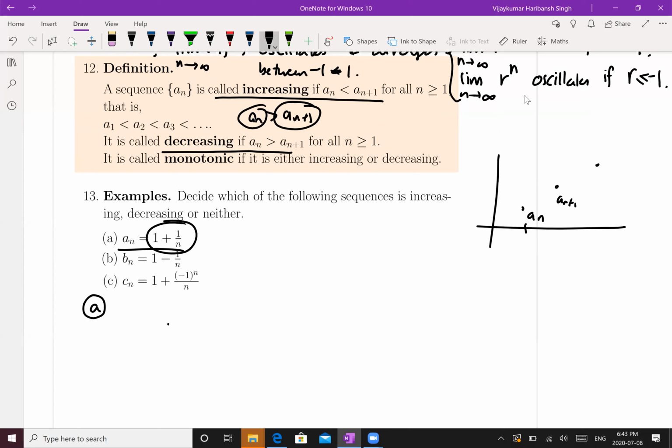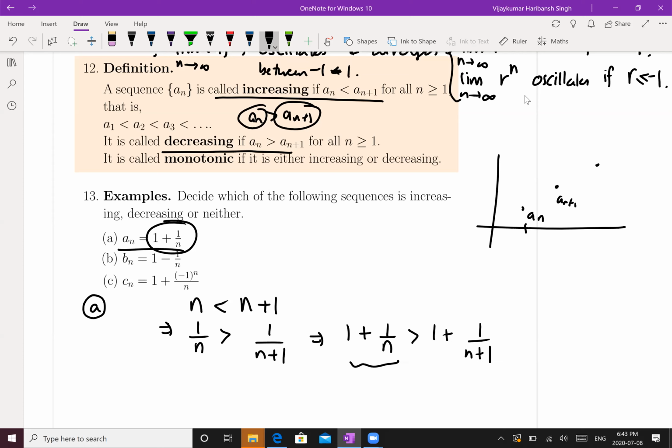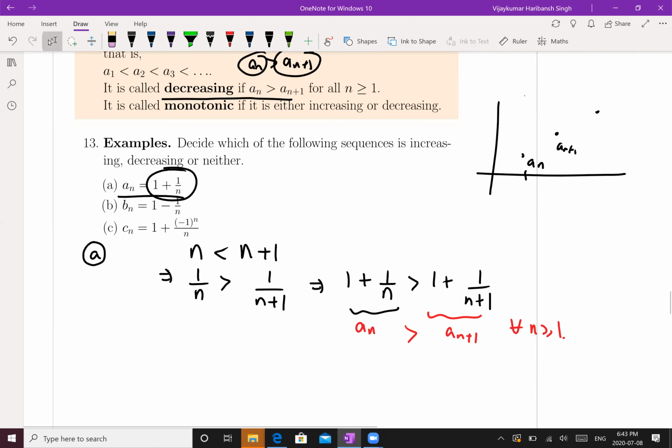Notice that n plus 1 is bigger than n, right? So this implies 1 by n is greater than 1 upon n plus 1. Now, if you add 1 on both sides, you'll see that 1 plus 1 upon n, this is your a_n, is bigger than 1 plus 1 upon n plus 1, this is your a_{n+1}. So you see that a_n is greater than a_{n+1} for all n. I did not take any specific value for n. So a_n is decreasing.